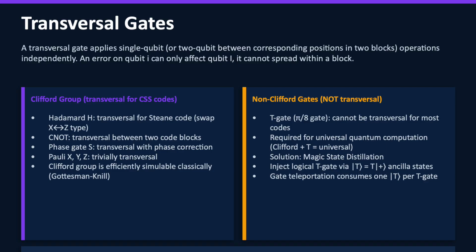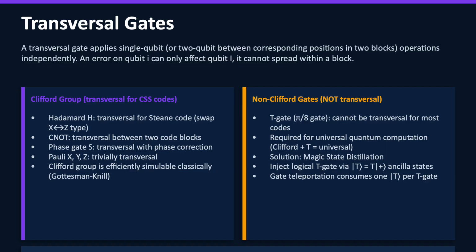There is a theorem in quantum information theory called the Eastin-Knill theorem, or EKT, that proves no quantum error correcting code can have a transversal set of gates that is universal for all quantum computation. In other words, there is always at least one gate that cannot be implemented transversally.